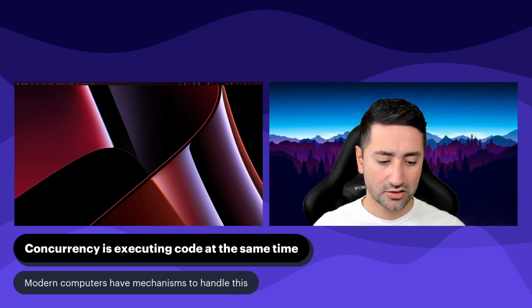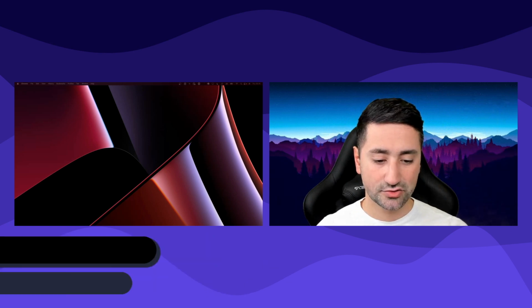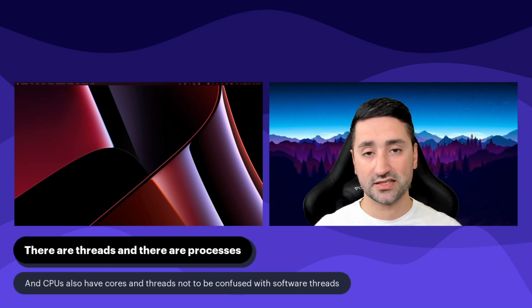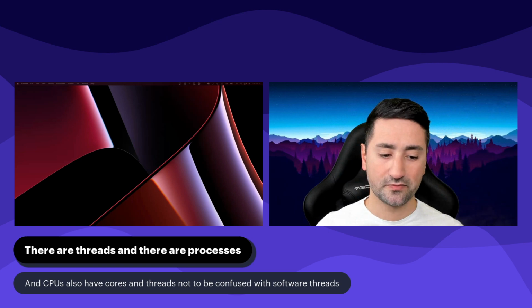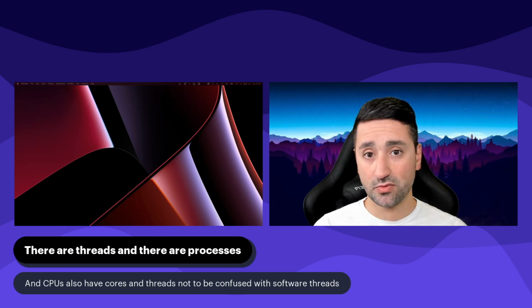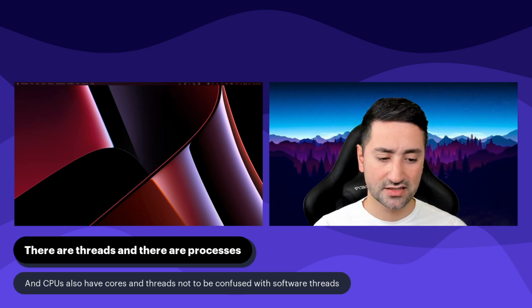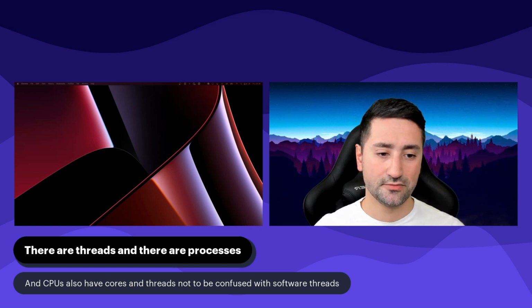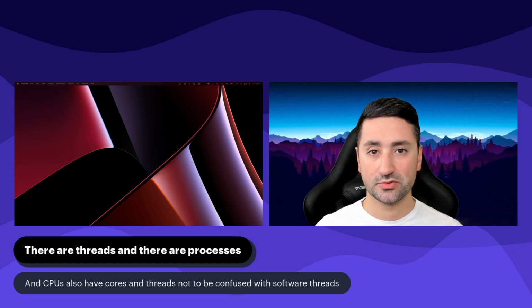Now, modern computers have the facilities to execute code simultaneously. And this wasn't a possibility many years ago, for instance, to have hardware support this. But today's hardware, if you look at a CPU, I'm not a hardware engineer, but I know enough about hardware to be able to say these things.